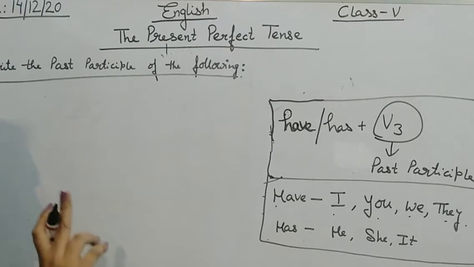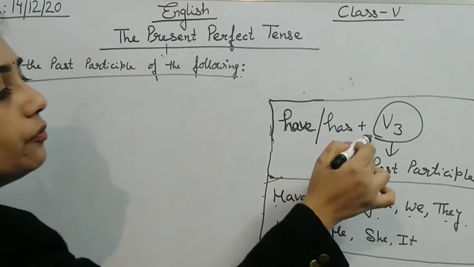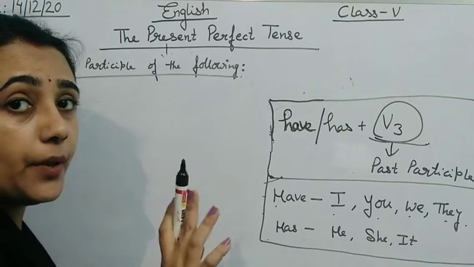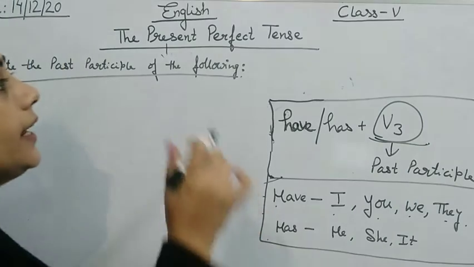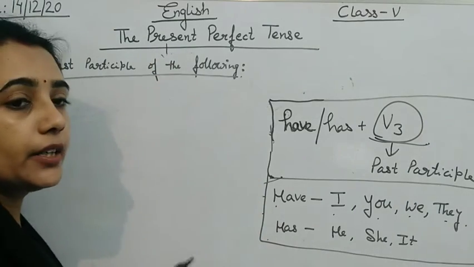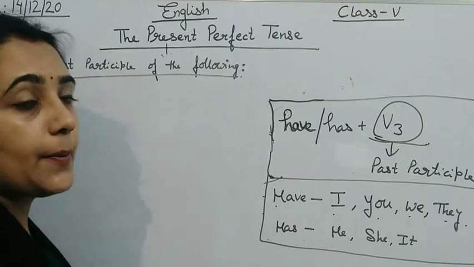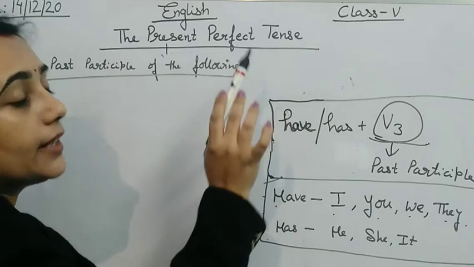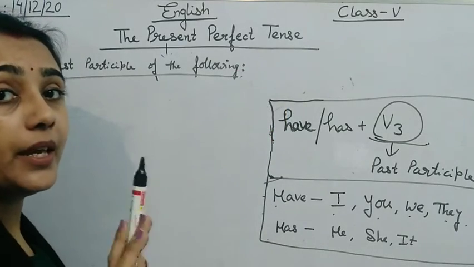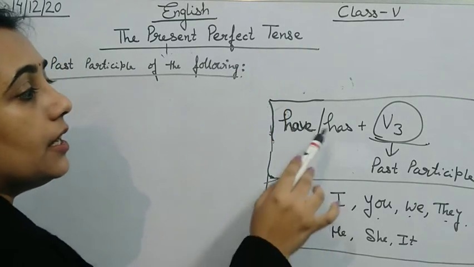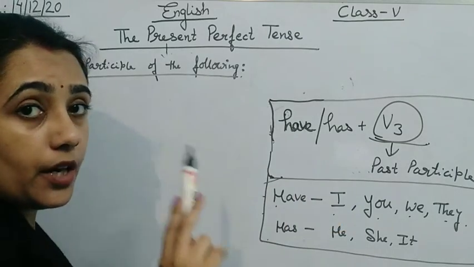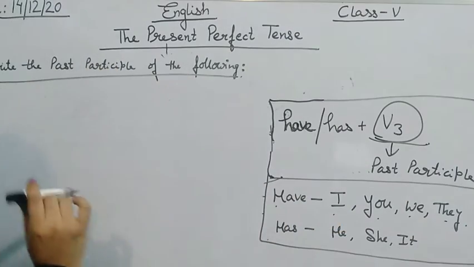Past participle is what? Past participle is verb third form. Just keep in mind, don't get confused. Like, ma'am, the chapter is present perfect tense and the exercise is about past participle. Yes, past participle is used in present perfect tense because the action has already been completed. Past participle, that is verb third form. Let's start.